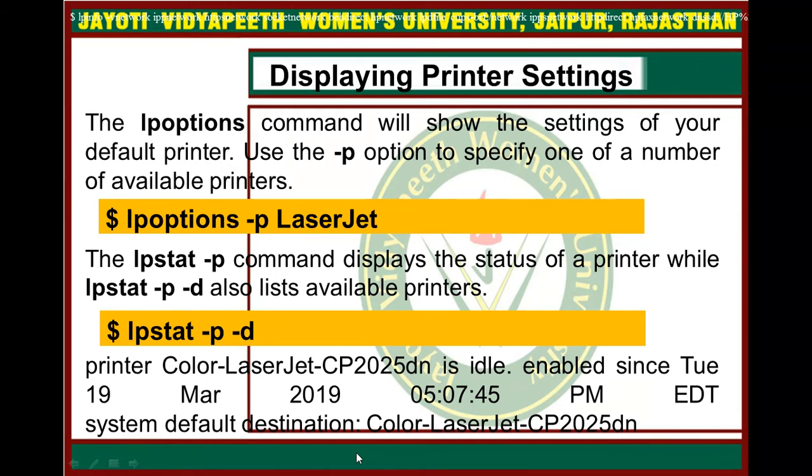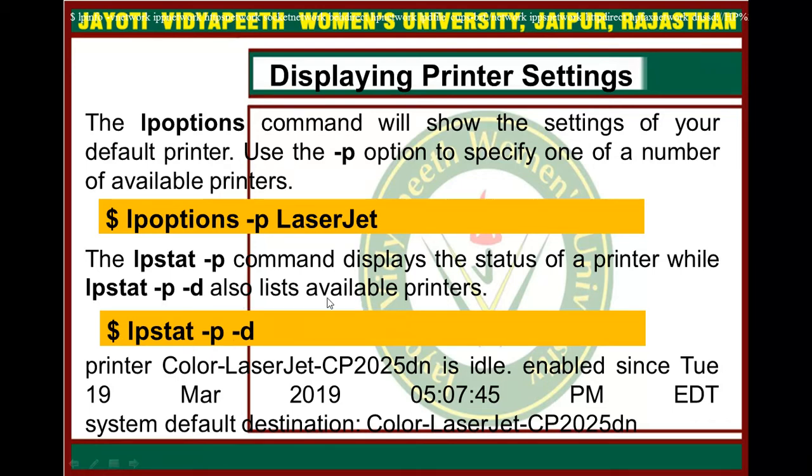Now the lpoptions command will show the settings of your default printer. Use the -p option to specify one of the available printers, like if you type lpoptions -p laserjet. The lpstat -p command displays the status of the printer, while lpstat -p -d also lists available printers.